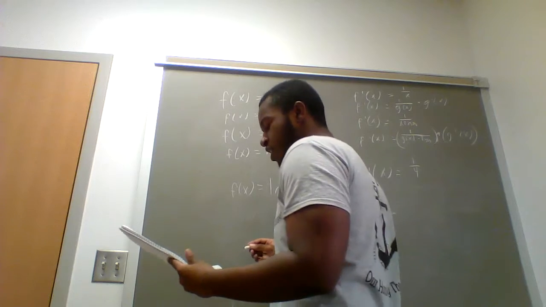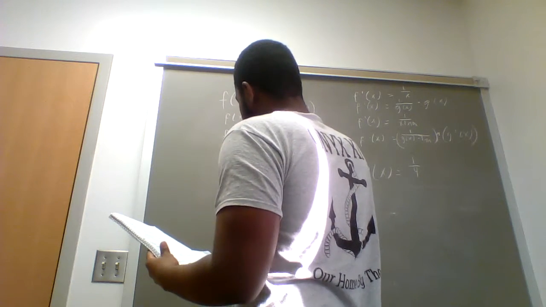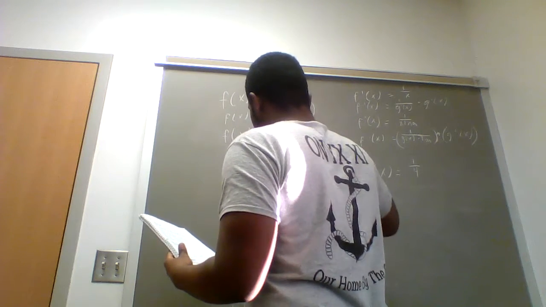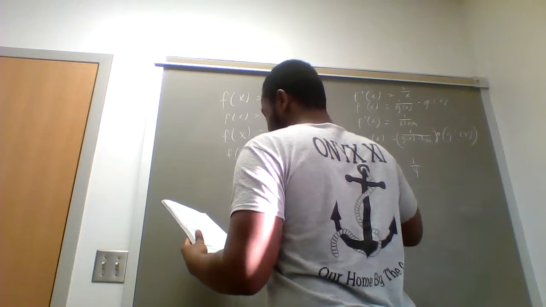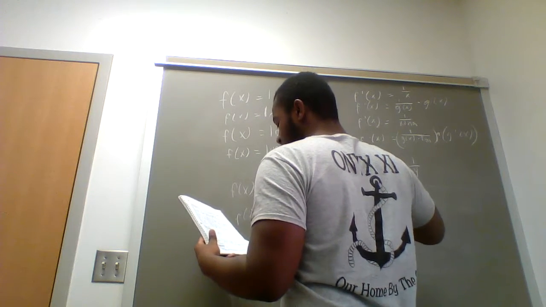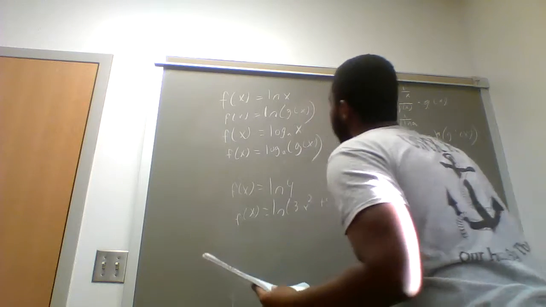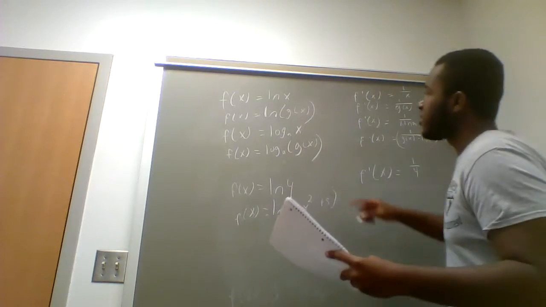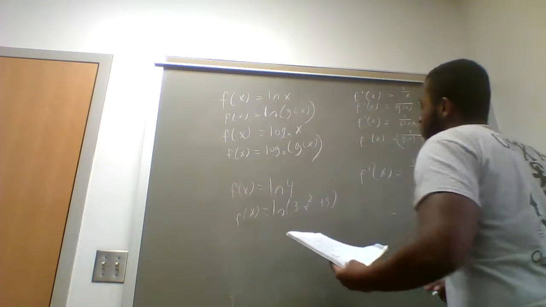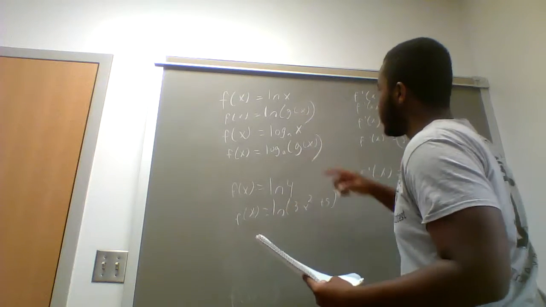My next example I'll be giving you is f of x equals the natural log of 3x squared plus 5. All right, look at our properties, which one will we use? This one is the one we will use for this one because it's natural log to an equation, g of x.